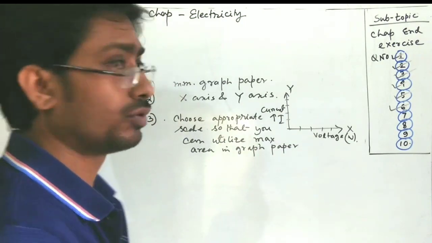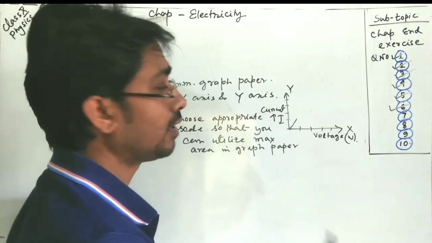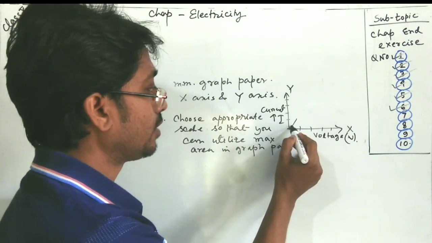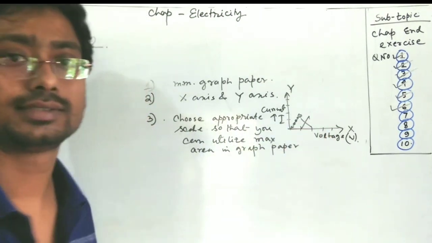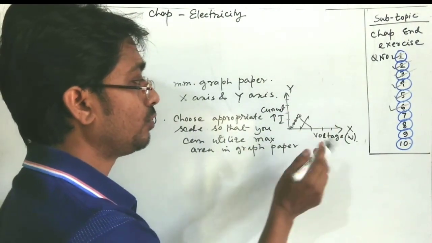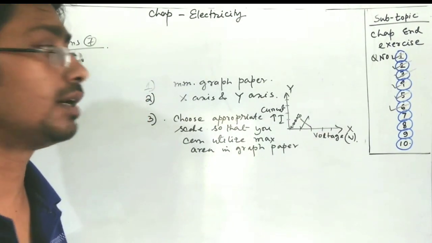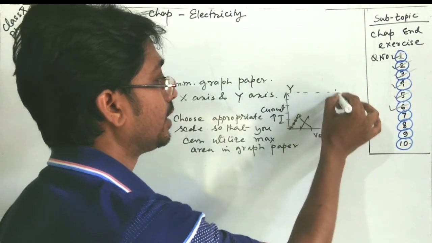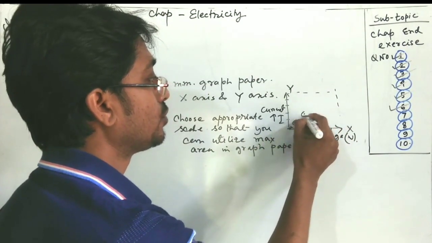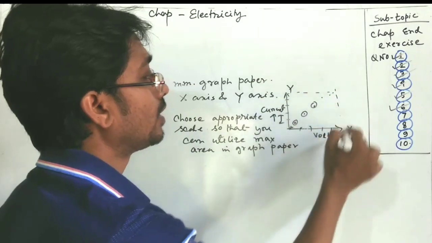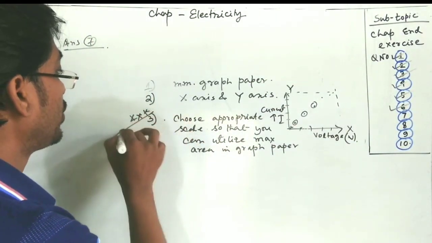Any student can draw a graph which is very small like that, with a total of 5 points, and the graph is completed. Don't do that. You have to choose the scale in such a way that the graph will cover the entire graph paper. So take the points in such a way, suppose this one, then this one, then this one, so it will cover the whole area. So this is a very important point for plotting a graph.